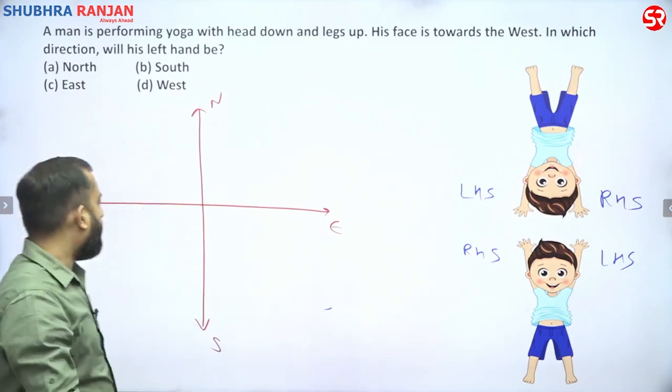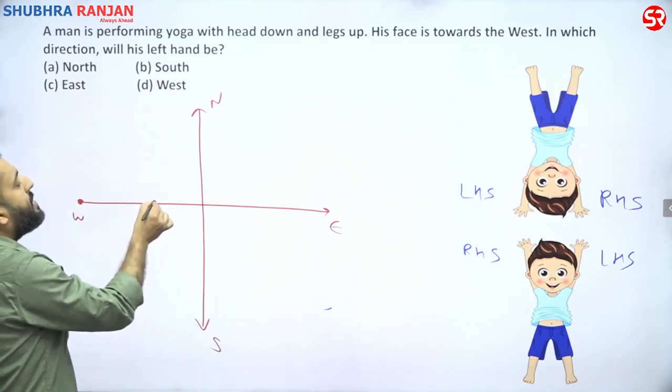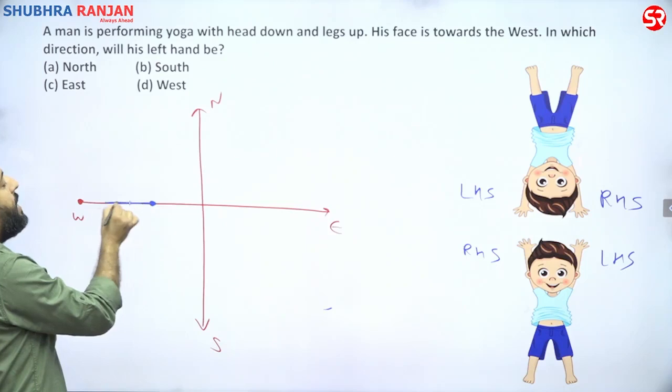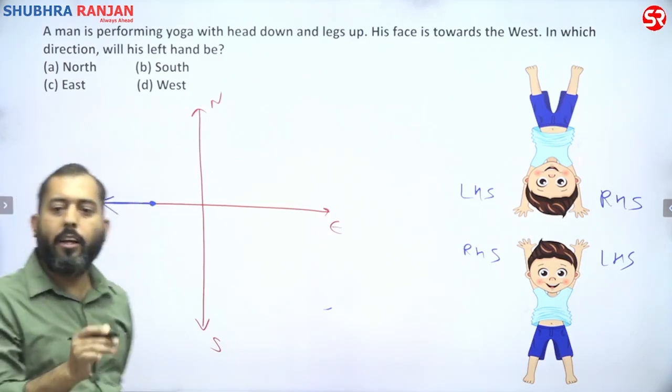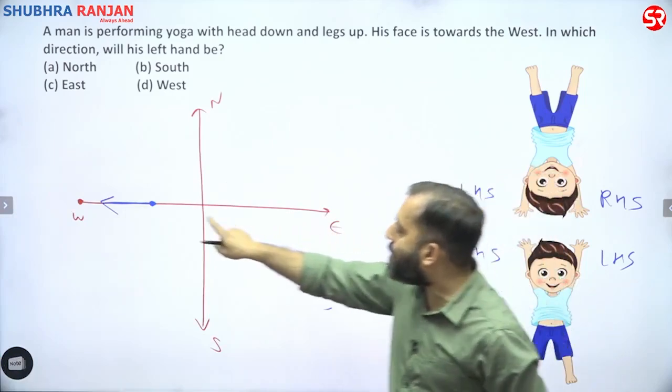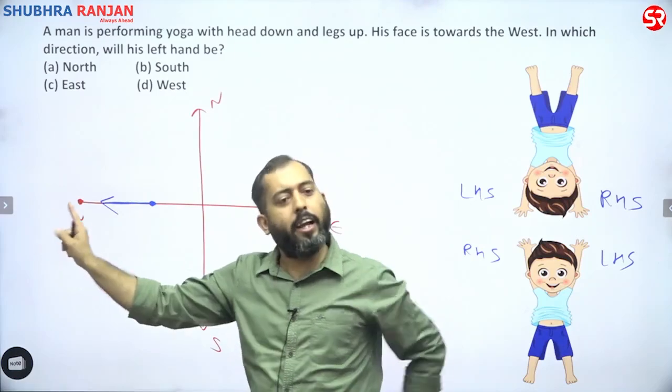Okay. Now, suppose you were standing at this position, upright, in the normal standard position. You are standing at this point, facing west in a normal way.